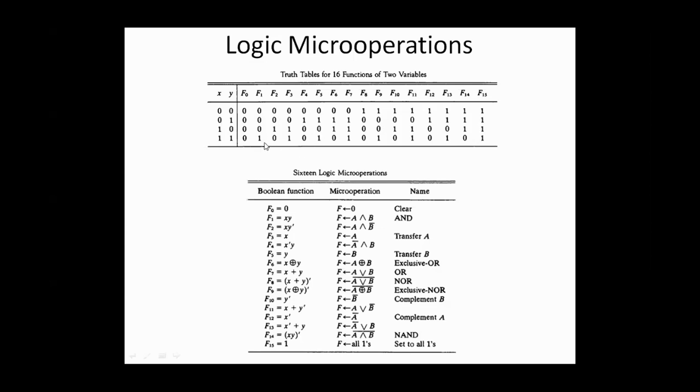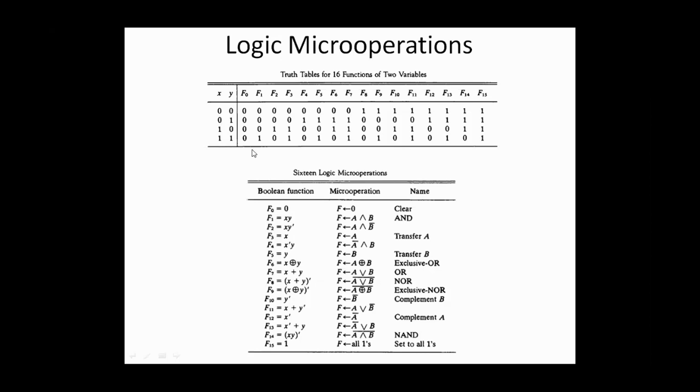There may be an OR function which says that whenever all are zeros, it will be 0. Otherwise, it will always be 1. For example, this F7 is an OR function. We may have, for example, an AND function which says that whenever both are 1, it will be 1.